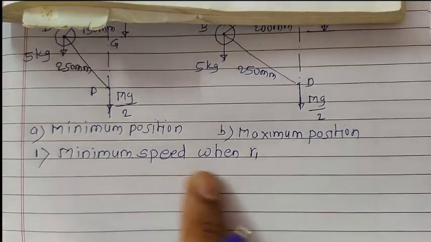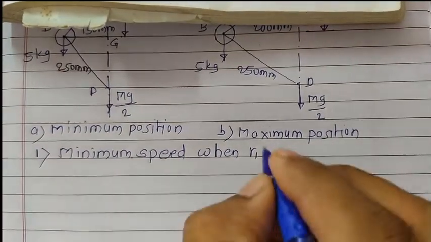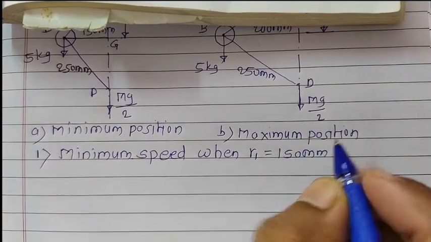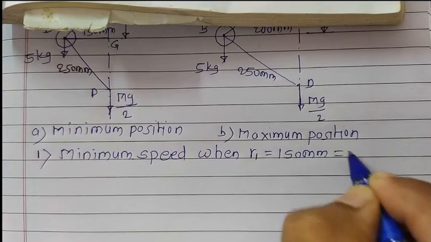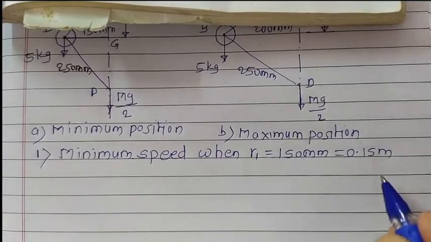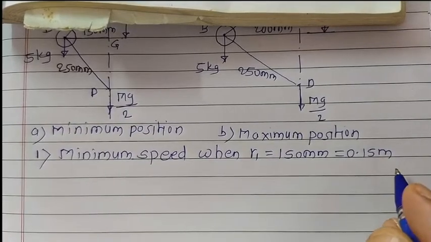So minimum speed when R1 equals 150 mm, or when we convert this into meter, 0.15 meter.